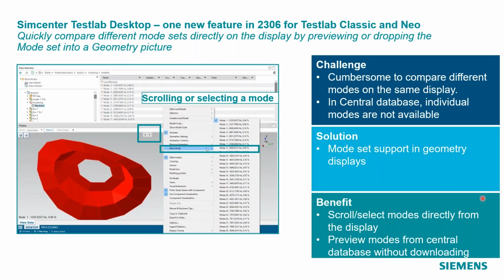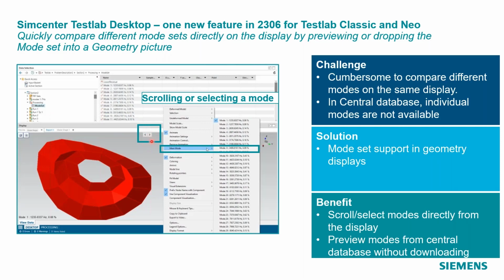I have one slide here on a new feature we put in TestLab 2306 that's kind of modal related. This works in Neo as well as TestLab Classic. Basically, we can now drag a mode set directly into a display. Or if you're in Neo using the pivot preview, you can highlight the mode set and it's going to preview. Then in TestLab Classic or TestLab Neo, you're going to see these scroll bars.